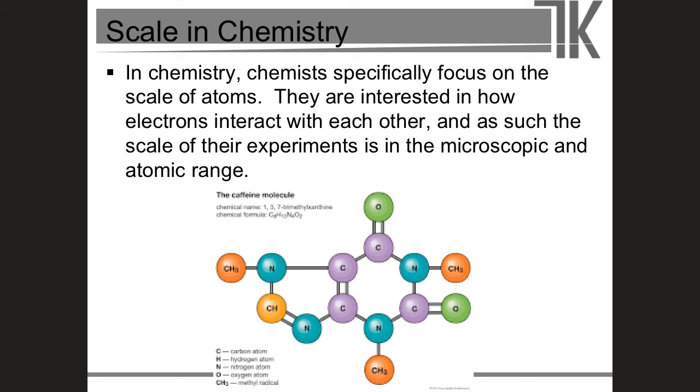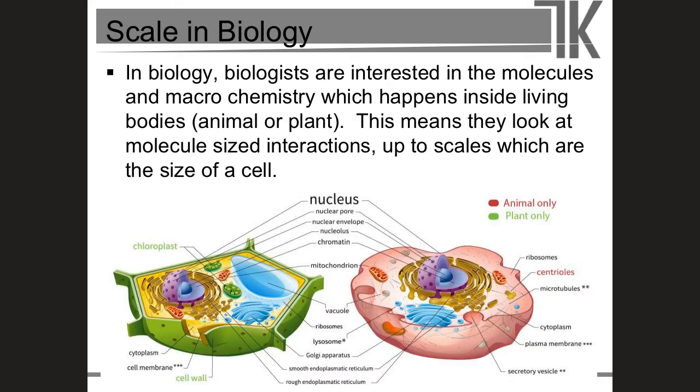As such, the scale of their experiments tends to be atomic to microscopic range. In biology, we're more interested in the molecules and how the molecules go together in that macrochemistry which happens inside living bodies, whether it's a plant or an animal or a different classification. It means that they look at molecule-sized interactions up to sort of the size of a cell.